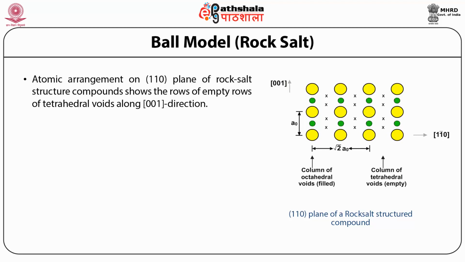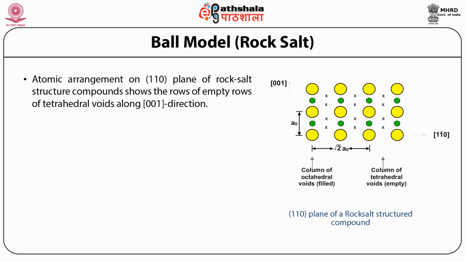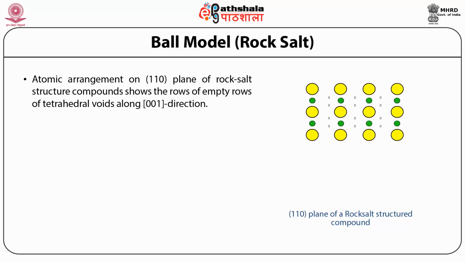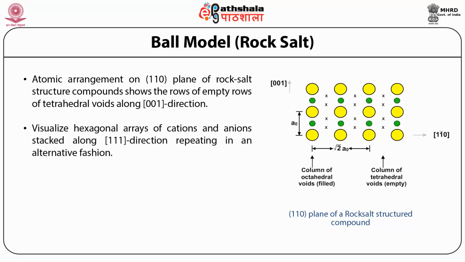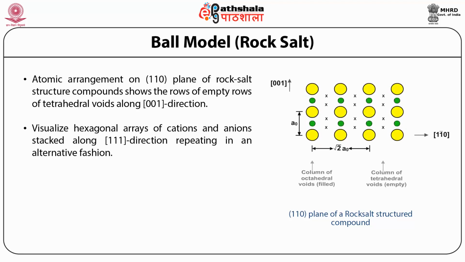The atomic arrangement of the 110 plane of rock salt structure compounds shows the empty rows of tetrahedral voids along the 001 direction. Then we visualize the hexagonal arrays of cations and anions stacked along the 111 direction, repeating in an alternating fashion. Next come the fluorite and anti-fluorite structures.